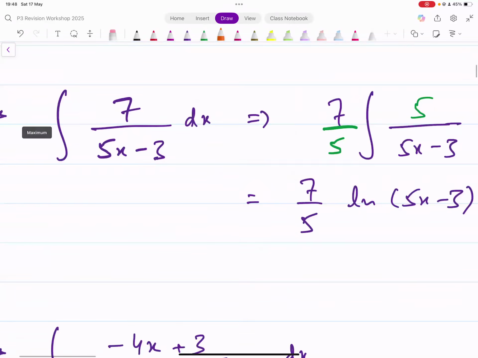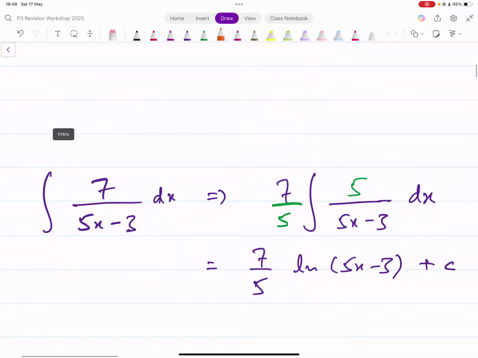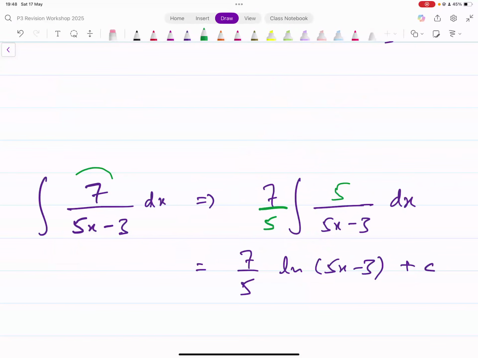Now, that method becomes much more helpful when you have something like this, in which it's not easy to figure out what we would have to take common to make it that number. For example, if we had 7 over 5x minus 3, what we want in the numerator is 5. How can we have 5 in the numerator? You could say, let's write 7 outside. Inside, you would just be left with 1 in that case, right?